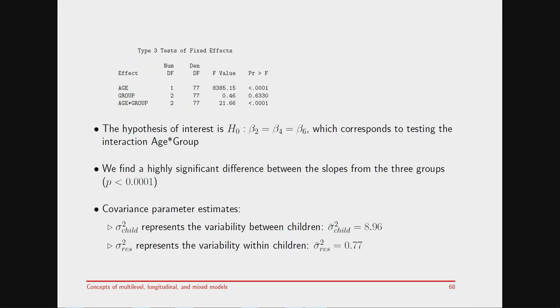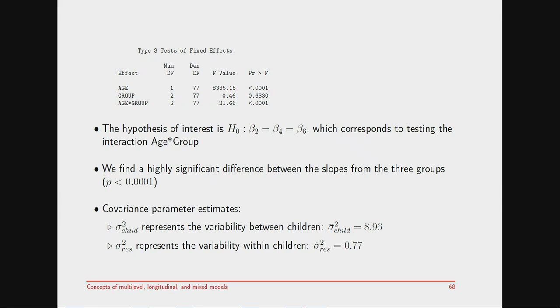Anyway, here we see the traditional overall tests for the main effect of age, the main effect of the group, and then what is most important for us is the interaction between age by group, which is highly significant, p-value less than 0.001, which means that the null hypothesis that beta 2 is equal to beta 4 is equal to beta 6 can be rejected at the 5% level of significance.